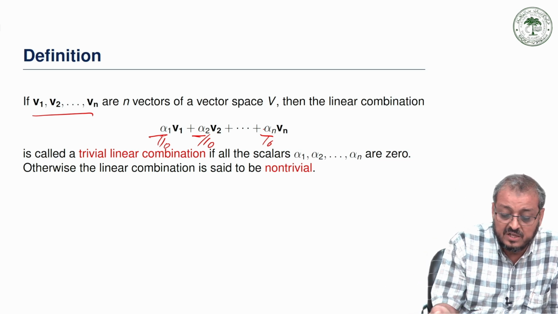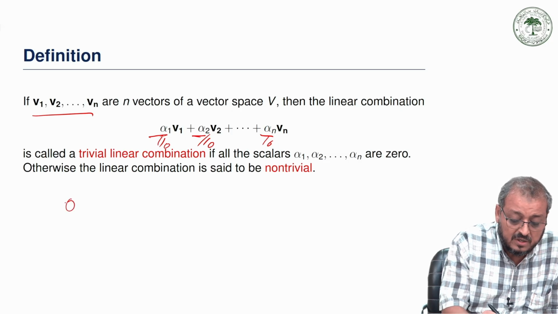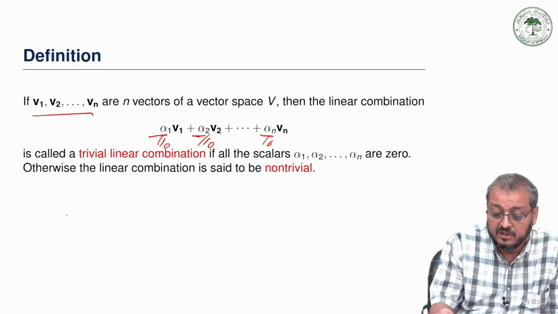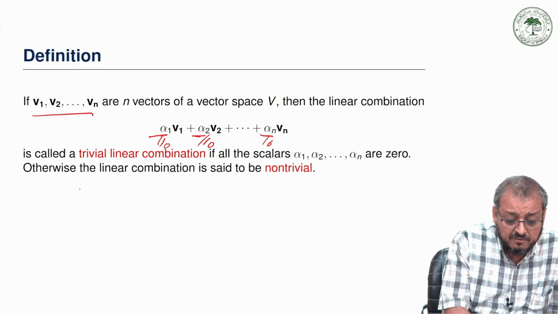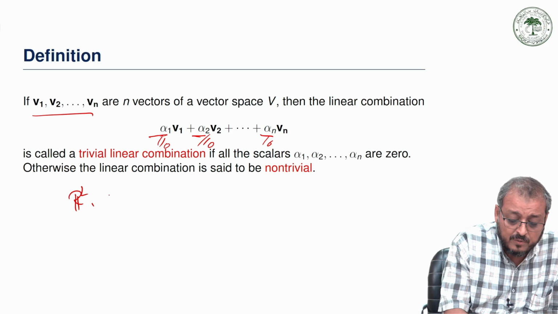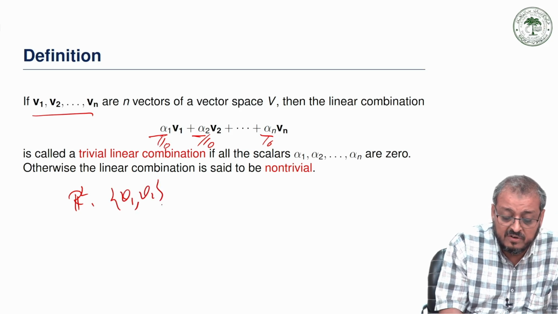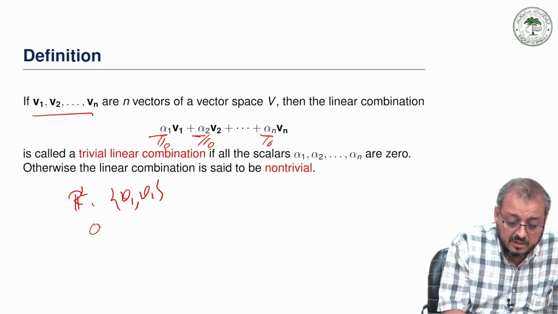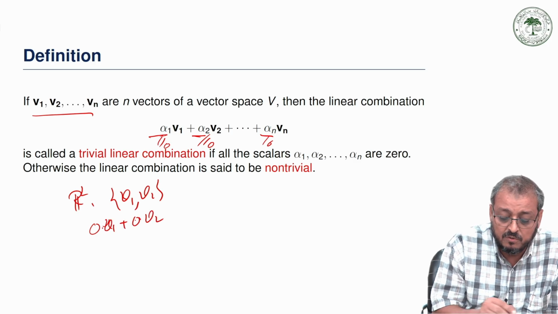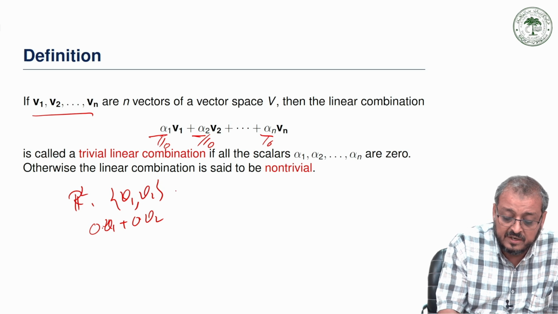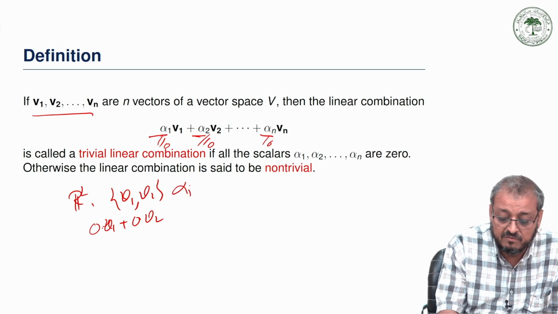For example, say we take R2, where we have two vectors V1 and V2. A linear combination can be written in the form alpha 1 V1 plus alpha 2 V2.